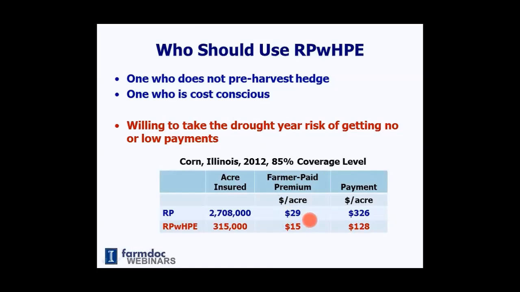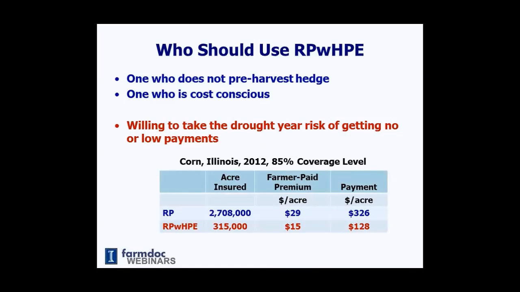Premiums were $29 for RP with harvest price exclusion $15. So saved $15 in premium overall. But the payment was $326 for RP versus $128 for RP with harvest price exclusion. Again, RP with harvest price exclusion will make much lower payments in those situations when prices go up compared to RP.